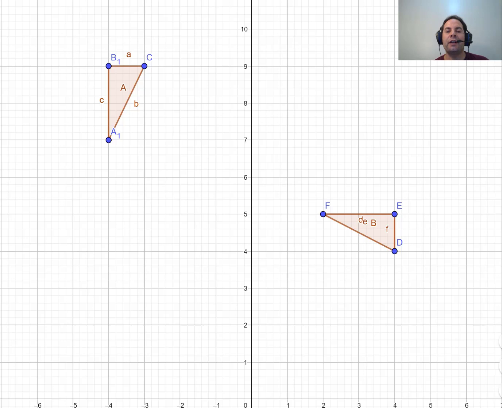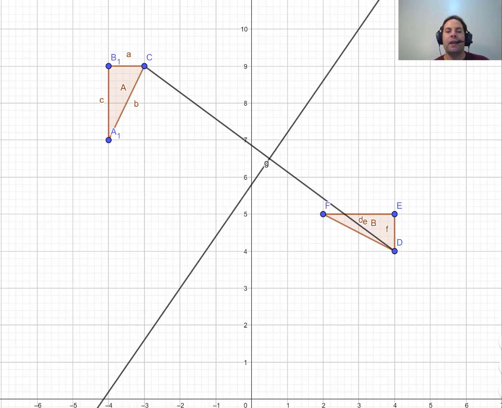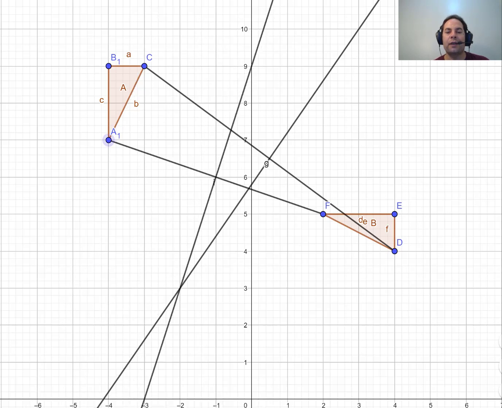How can I identify the center of this rotation? By joining the corresponding points first. Point C, its corresponding is D. Then draw a perpendicular bisector between the point C and D. The center of rotation lies on this line, but exactly where? Again, try to draw another perpendicular bisector: take this point, join with its corresponding, then draw the perpendicular bisector.